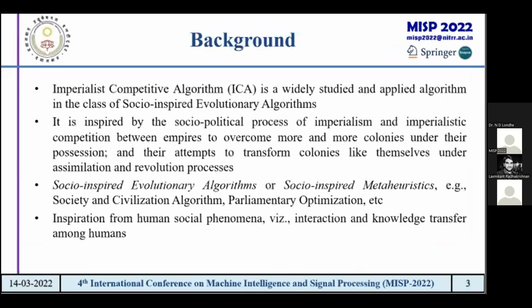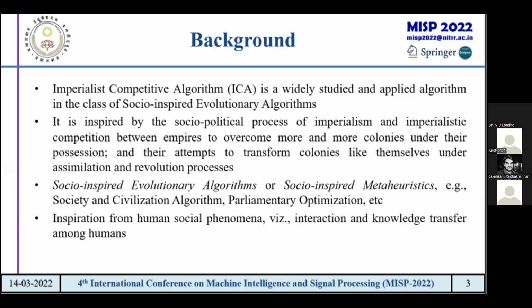Let's start with the imperialist competitive algorithm. It is a socio-politically inspired evolutionary algorithm widely studied and applied to solve engineering search and optimization problems. This algorithm mimics imperialism and imperialistic competition processes seen in the real world, as we have seen with the British over Indians, as the empires try to bring more and more colonies under their possession, and attempt to transform those colonies like themselves.